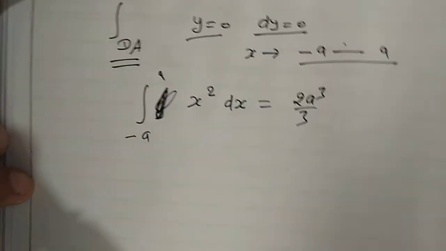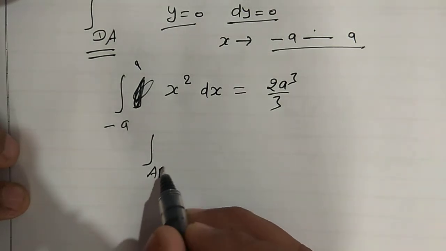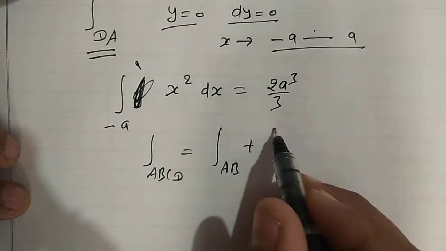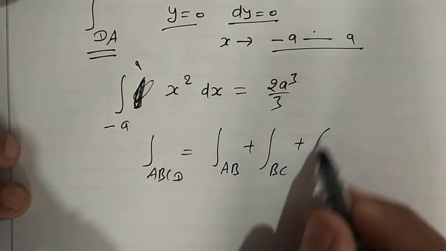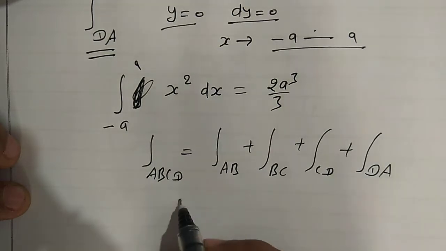Now if you find out the total integration, the integral ABCD equals the integral along the AB plus along the BC plus CD plus DA.